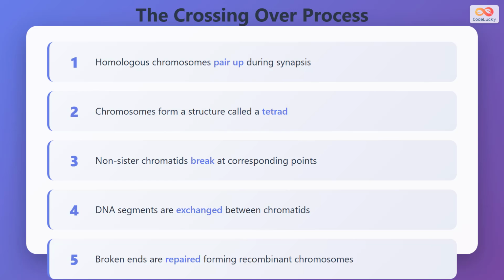Step 4. DNA segments are exchanged between the broken chromatids, with pieces from one chromosome switching places with pieces from the other. Step 5. The broken ends are repaired by cellular machinery, forming recombinant chromosomes that now carry genetic information from both original chromosomes. This entire process is highly regulated and occurs naturally during every meiotic division.